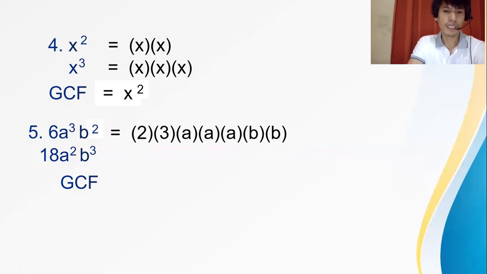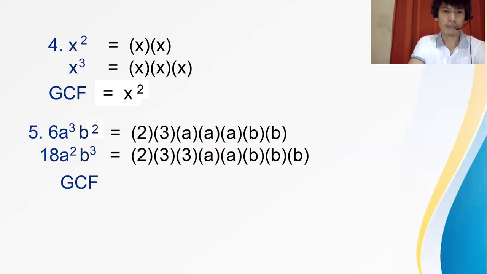Then 18 is 2 times 3 times 3. 2 times 3 is 6 times 3 is 18. Then a squared is a and a. Then b to the third power, b, b, and b. Then the common factor is 2. Then 3. Then 2 times 3, the answer is 6.